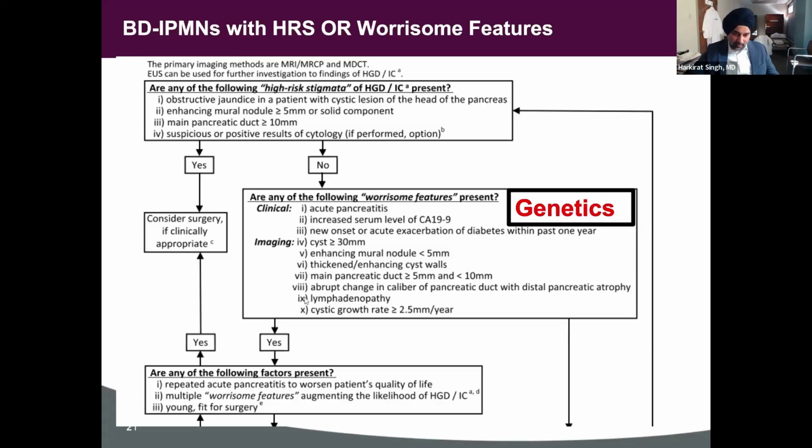If you have one or more of these, then we carefully look at the imaging to see if they have one or more of these worrisome features. As we discussed in the surgical series, the more worrisome features you have, the higher risk you become. So when we see any worrisome feature, you get categorized as an intermediate or moderate risk.